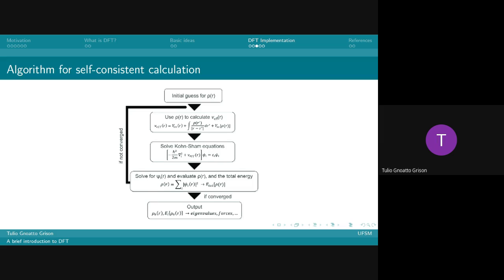With this, we compare this new density with the density initially proposed, and if the convergence criterion is met, we have the desired electron density, and if not, the cycle begins again using a mixture between the two densities to be used in the next step. So apparently we have all the tools to completely describe the system.